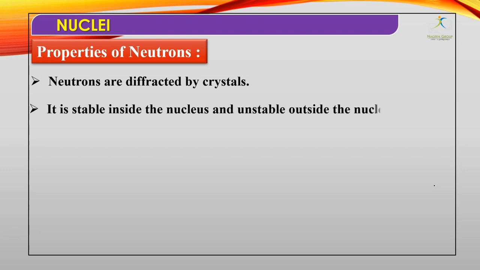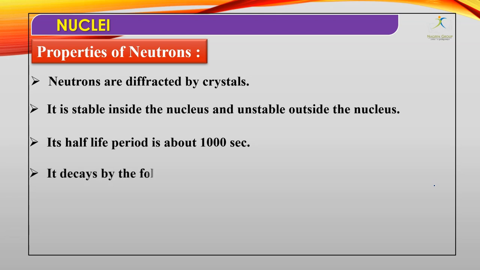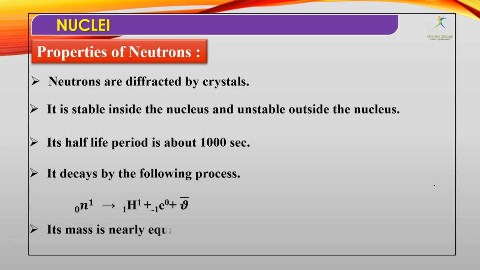It is stable inside the nucleus and unstable outside the nucleus. Its half-life is about 1000 seconds and it decays by the following process: 0n1 gives 1H1 plus -1e0 plus antineutrino. Its mass is nearly equal to that of a proton.